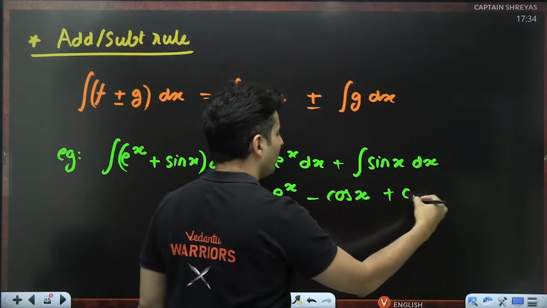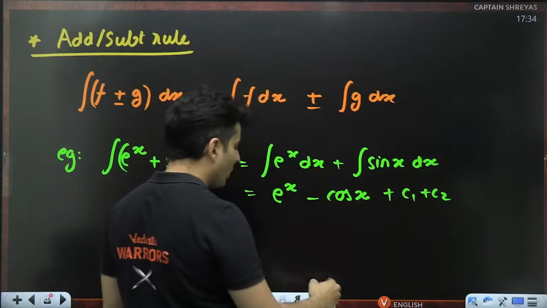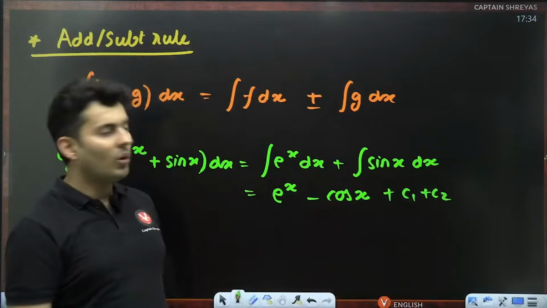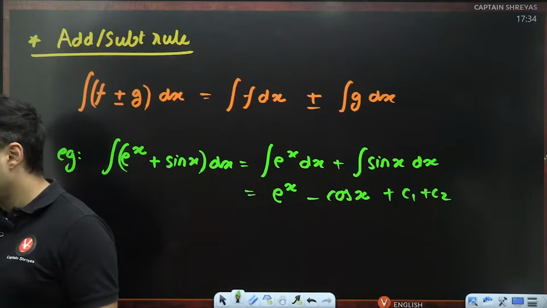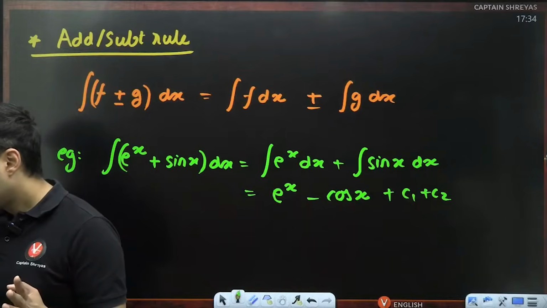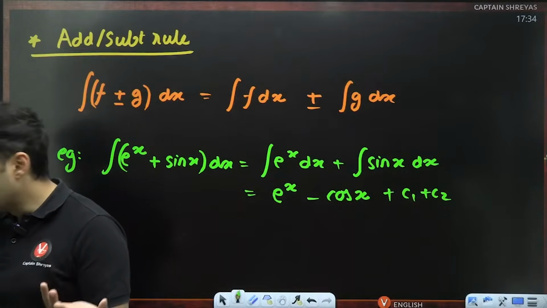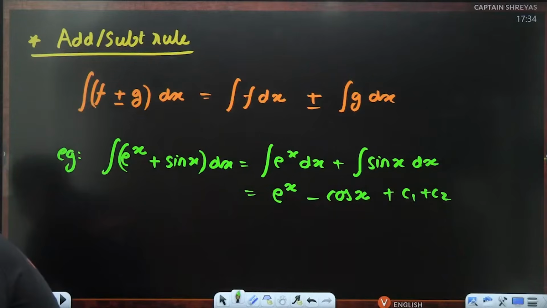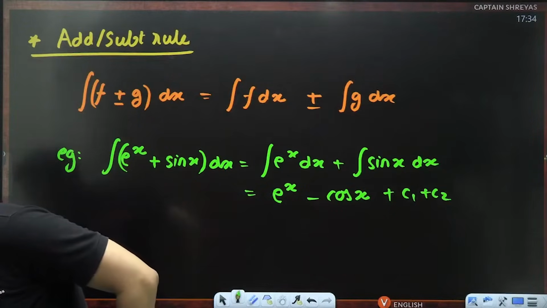How many constants should I put? Should I put c1 plus c2, or should I just put c? Even if I put c1 plus c2, c1 and c2 are just some constants. If I add or subtract them, what will happen?